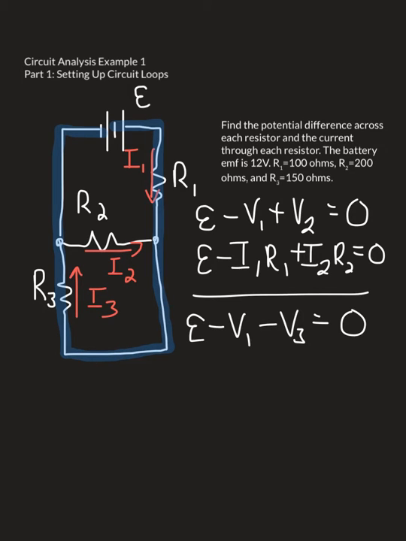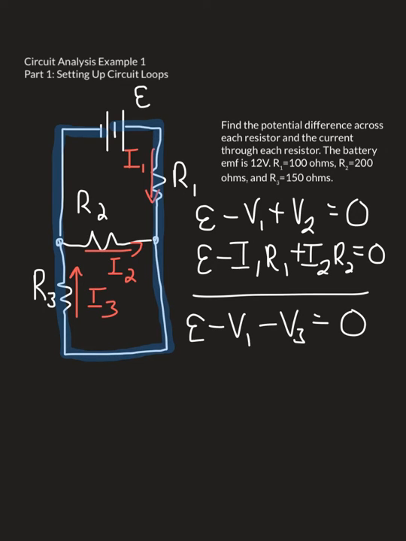The potential difference across the battery is equal to the positive EMF. Then the potential difference across resistor 1 is negative because we're traversing in the same direction as the current I had chosen. And the same goes for resistor R3. The potential difference across resistor R3 is also negative because we're traveling in the same direction as the current.